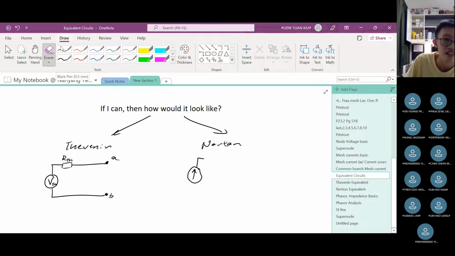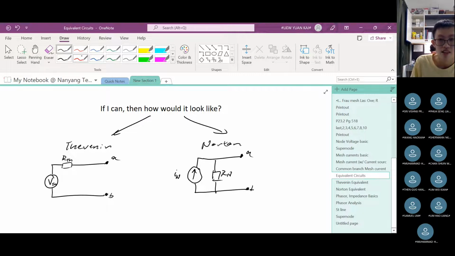This is the Norton current source, the equivalent current source, and then it is in parallel with the Norton resistance, terminals A, B. So we know there are two things that can drive a circuit, which is either a voltage source or a current source. And that is what the Thevenin and Norton are. If I simplify it and then I view it with a voltage source, it will look like Thevenin. If I view it with a current source, it will look like a Norton.